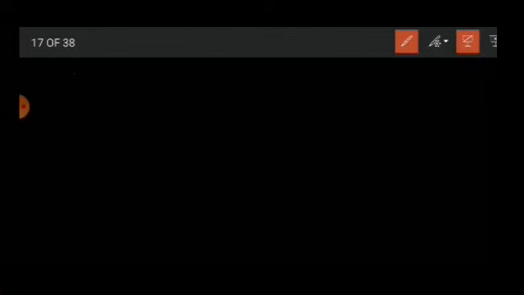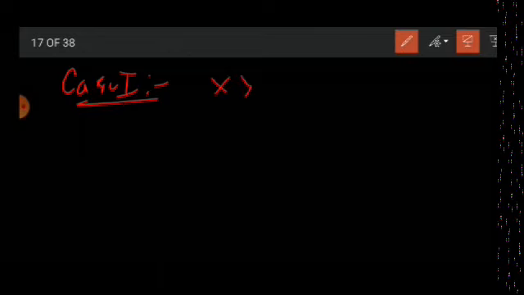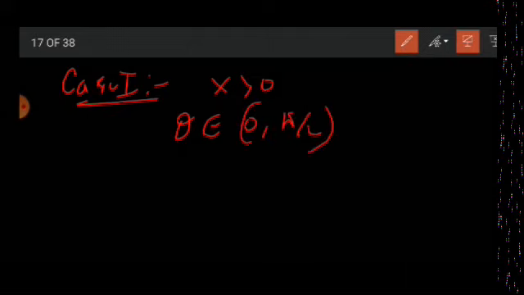So let's say case 1, that is, x is positive. If x is positive, then in this case theta belongs to the open interval 0 to pi by 2, and hence we can say cot inverse x is theta.